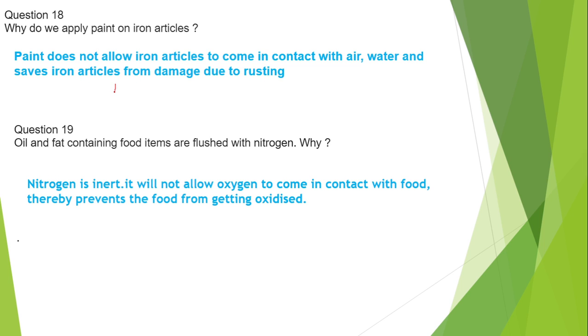Let us write the equation for that. Iron on exposure to oxygen and moisture. Here these two are gases and iron is solid. What happens after some time? It will be converted into Fe2O3, which is brown in color, and next it will be in hydrated form. So we need to write nH2O.